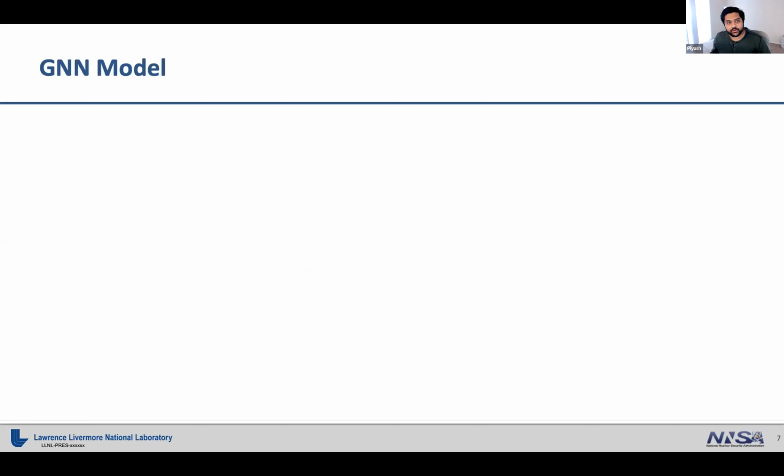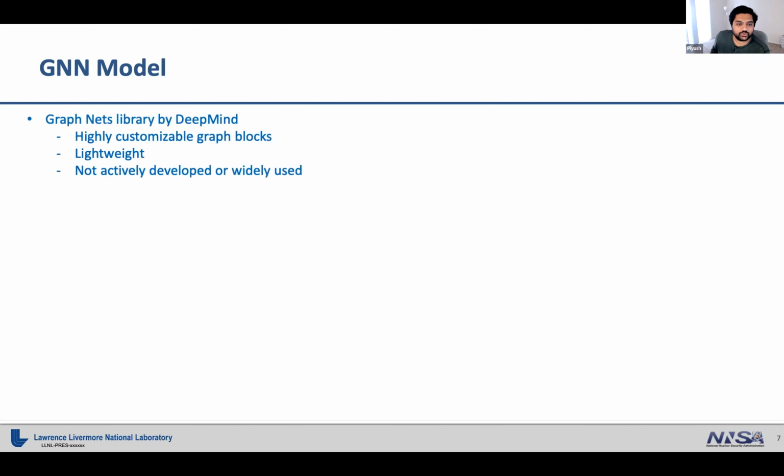And now I'll briefly talk about the model we used to learn from this representation. So I've been using the GraphNets library by DeepMind. I don't think most people are aware of this because it's not really actively developed or widely used. I think DeepMind has moved on to JAX and Jraph graph libraries, if I'm not wrong, for their actual models.